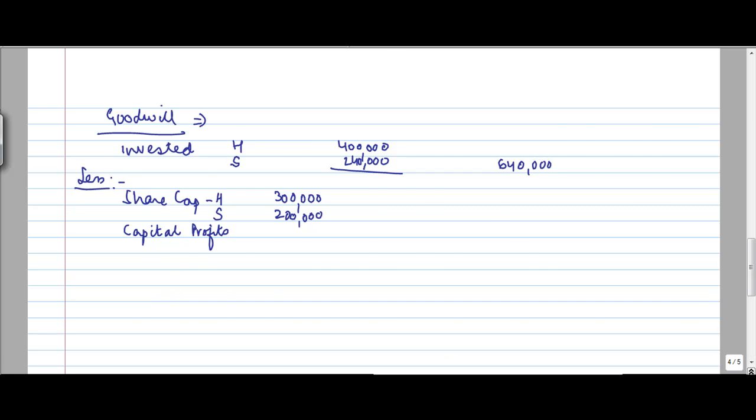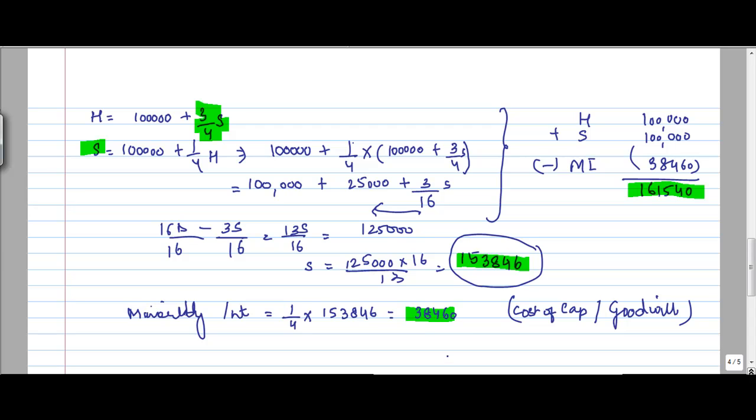Now, if you go back, what were the total capital profits of S Limited? 153,846. Out of which 38,460 belongs to the minority.